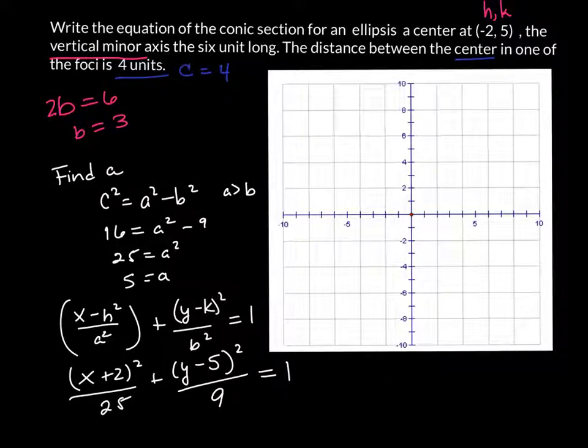All right, to go ahead and graph that, that's going to be at -2, 5 for the center. Now our major axis is 5 units long. So that gives us a point here at 3, 5. I want to make sure you label that point here. Subtracting 5 from our center, going in the opposite way, we have -7, 5.